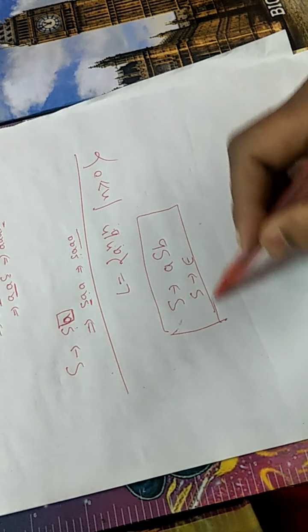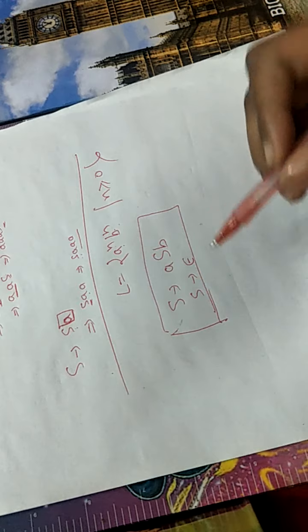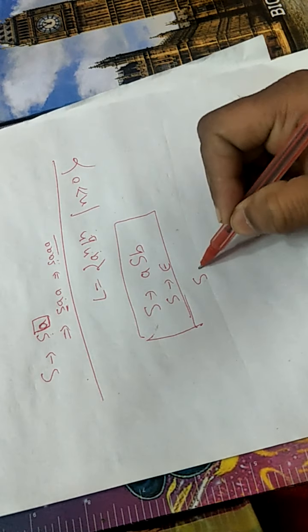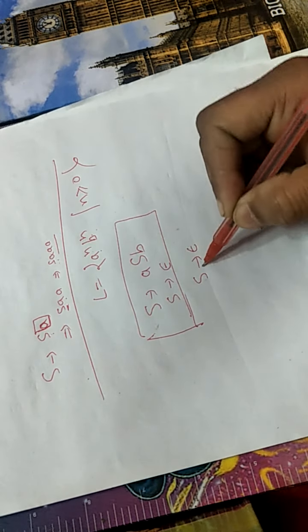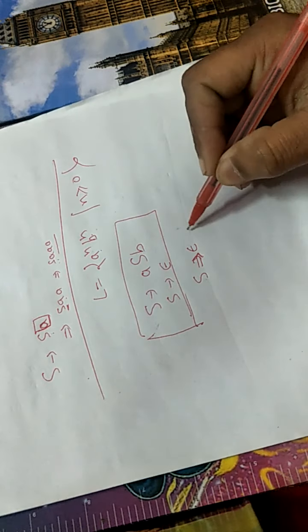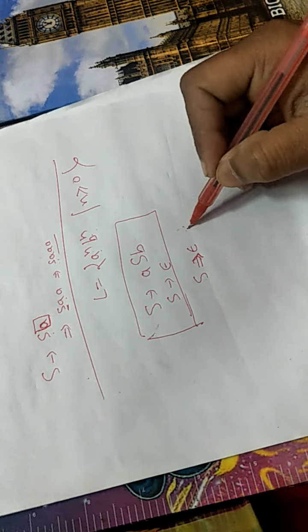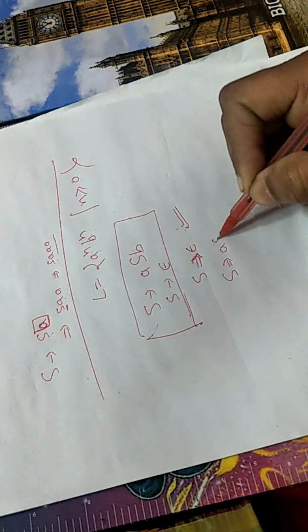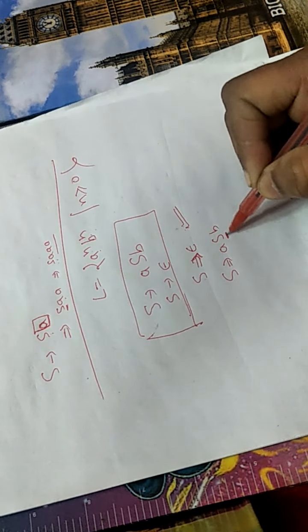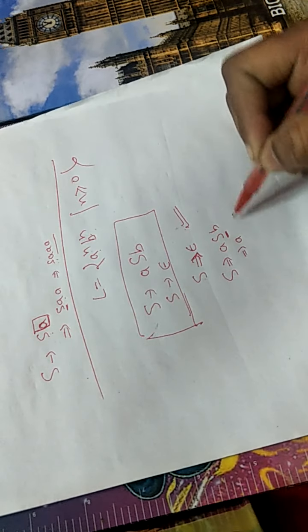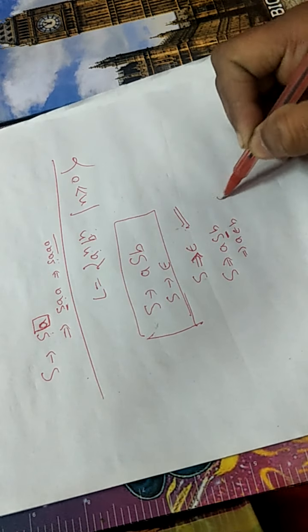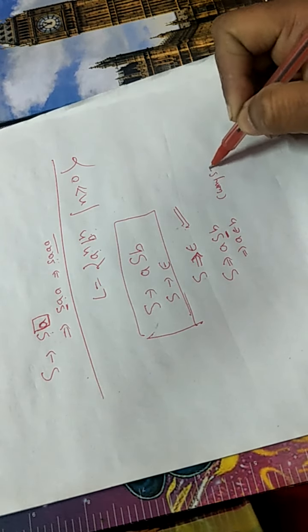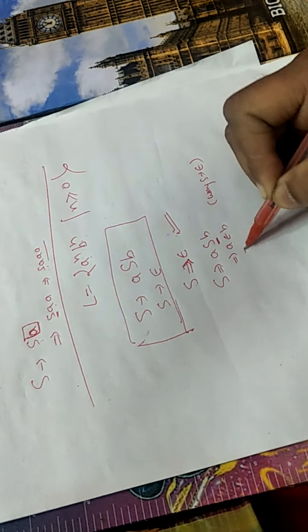Let us see some strings that can be derived from this grammar. S tends to epsilon, so epsilon is derived. If we use S tends to ASB and replace this S by epsilon, we will get AB.